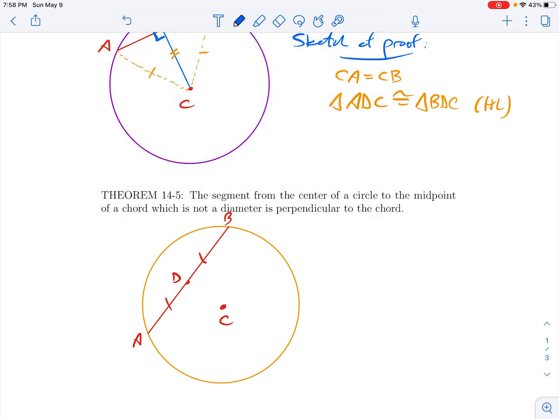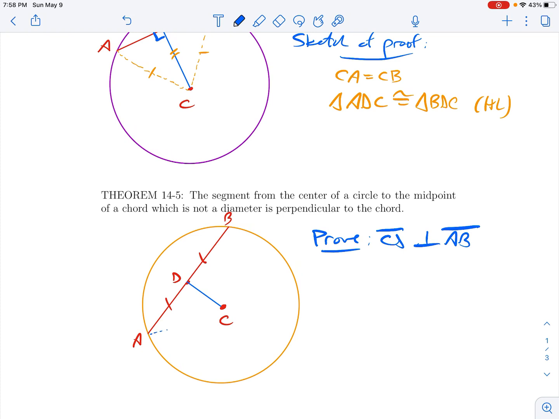If I draw in this segment, we can prove that segment CD is perpendicular to the chord AB. And maybe you can see how to do this. The trick is to unleash what we know about triangles.